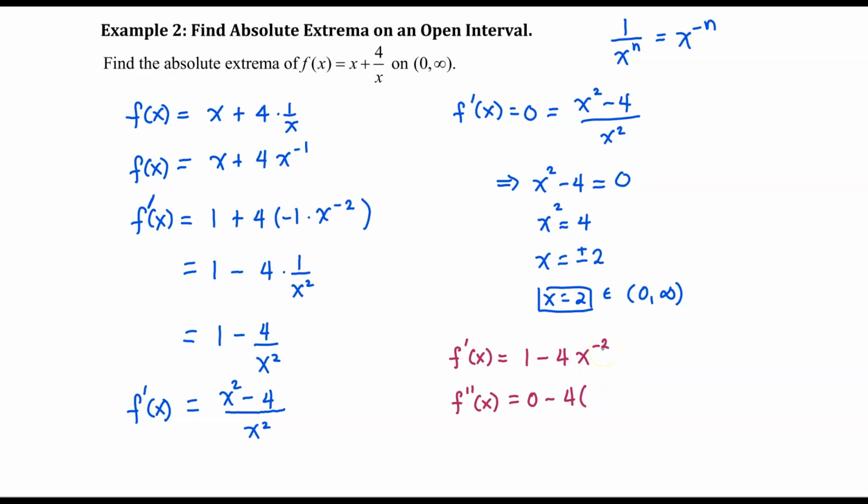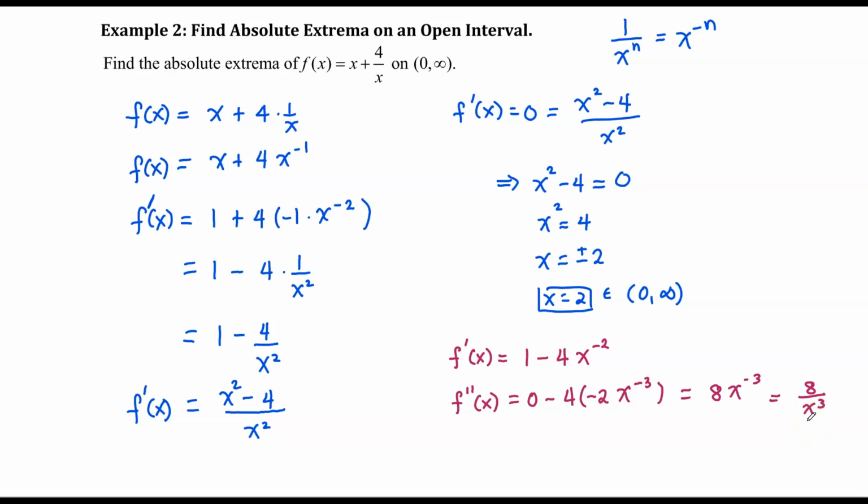The derivative of that is, you bring down negative 2, times x to the, and then you subtract 1 from negative 2, negative 3. Now that's your second derivative. Negative 4 times negative 2 is positive 8, so it is 8 x to the negative 3, which is equal to 8 over x cubed. So this is your second derivative.